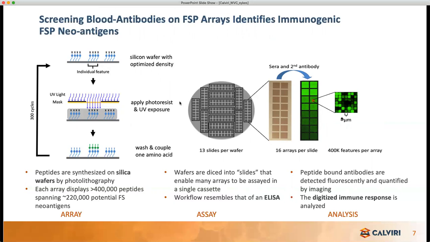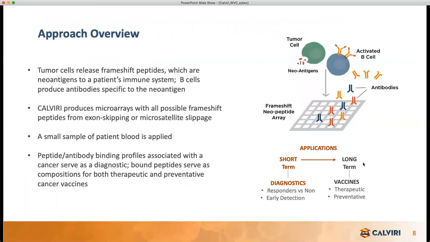We dice this silicon wafer into slides that allow us to put them into a cassette that basically creates an ELISA workflow. We use ELISA reagents and secondaries to quantify and image the immune system. This is an overview of what I just said. Tumor cells generate the neoantigens from these RNA mistakes that are then translated.